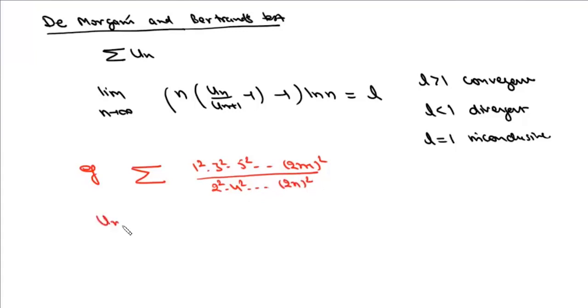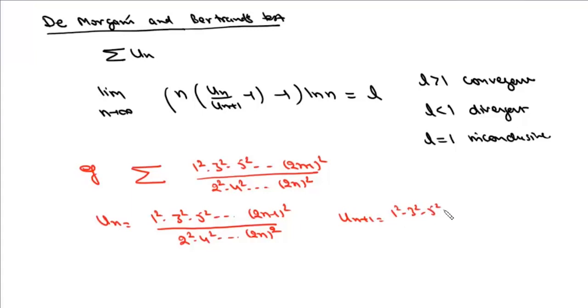Now in this case, un is 1 square, 3 square, 5 square up to 2n minus 1 whole square upon 2 square, 4 square up to 2n square, and un plus 1 will be 1 square, 3 square, 5 square up to 2n plus 1 whole square upon 2 square, 4 square up to 2n plus 2 whole square. Now we'll find this limit.